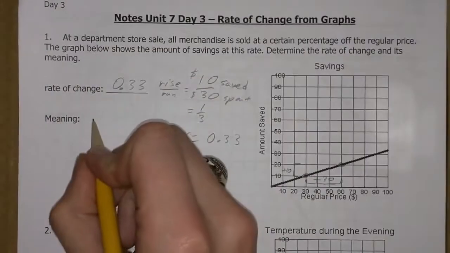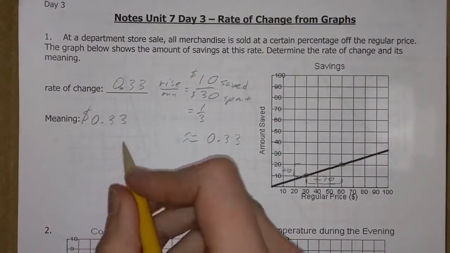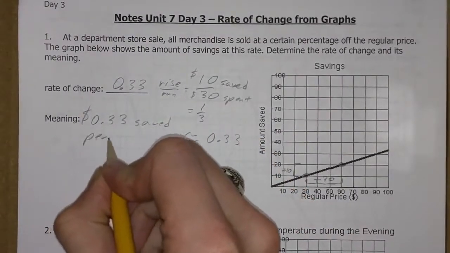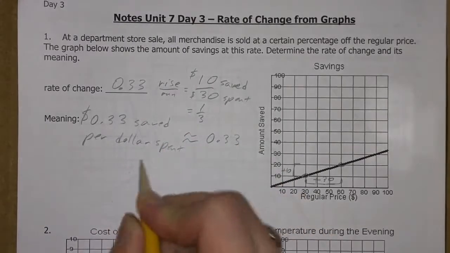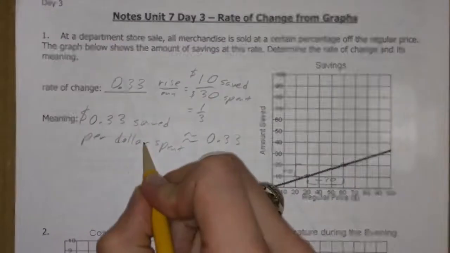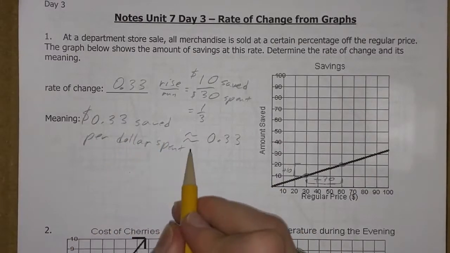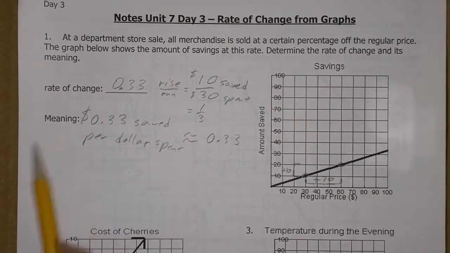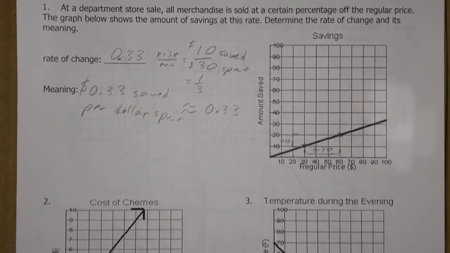So this comes out to be $0.33 saved per dollar spent. So 33 cents saved per dollar spent. That's my context, so that's going to be the meaning. The meaning has to do with just the context that it's in.